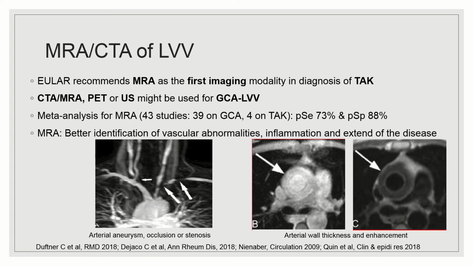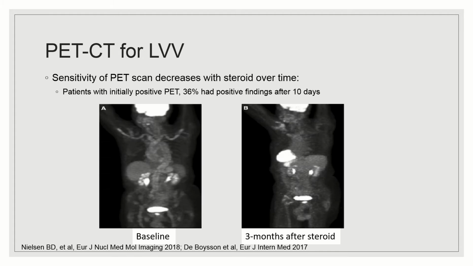But for GCA large vessel vasculitis, there are no specific recommendations, so either ultrasound of the axillary arteries, MR angiography, or PET scan can be used. The meta-analysis of MR angiography included 43 studies, and you can see here the specificity reached up to 88%. MR angiography is better for evaluating the anatomical changes and the extent of the disease.